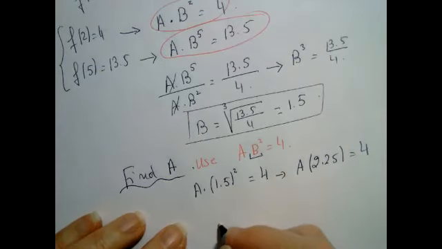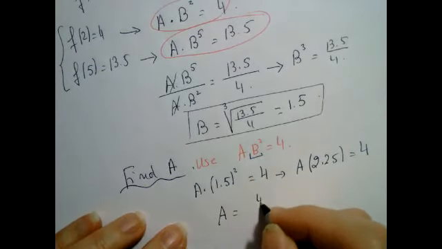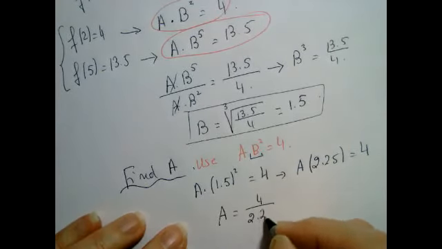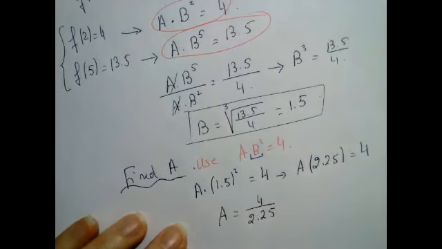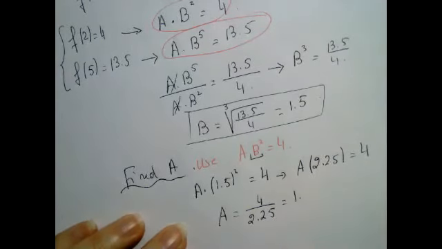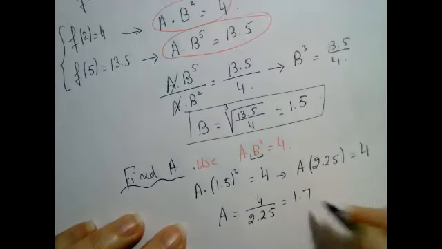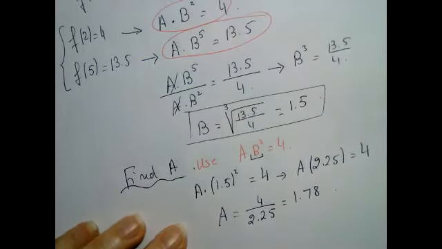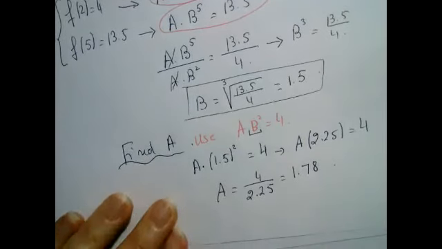Now I solve for my A, which is 4 divided by 2.25. And then we try to compute that number. And this is a little bit weird. So we're going to basically round it up, 1.78.